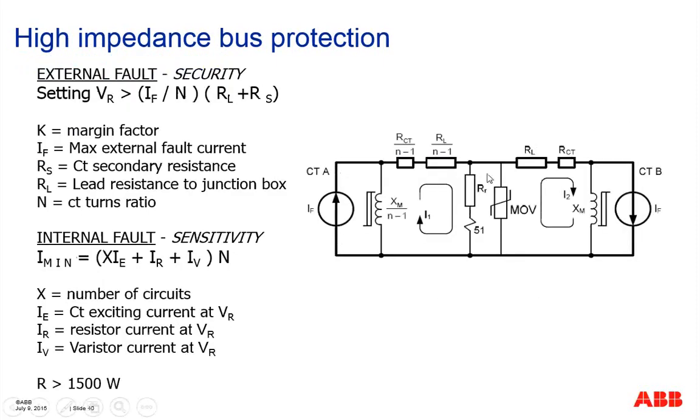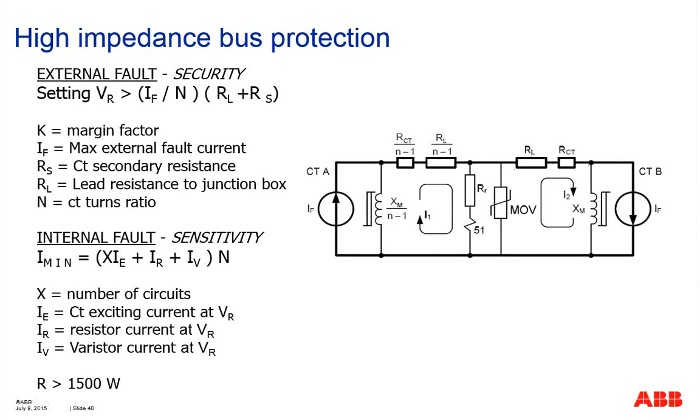As I mentioned, VR depends on the voltage drop across RL and RCT. RCT you probably cannot do anything about because it's the manufacturer's design. But RL you can. If you limit the distance between the relay and the CT to as short as possible, you lower this RL, and your VR can be reduced accordingly.